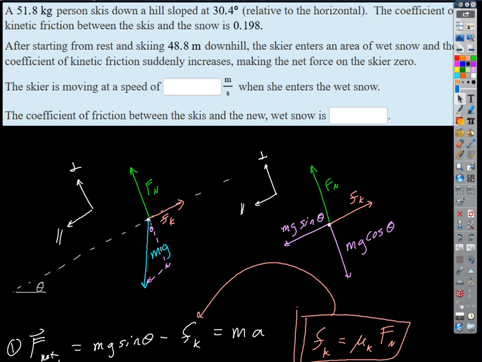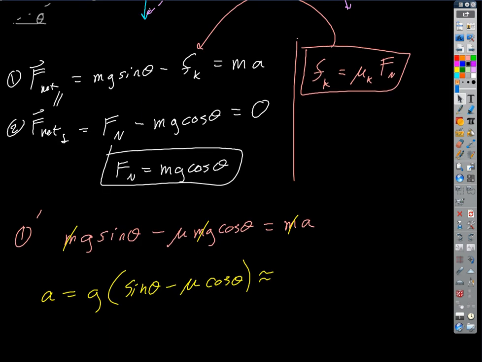Okay. Let's see, where were we? So we got about 3.3. Okay, and now this just becomes kind of a kinematics problem, doesn't it?